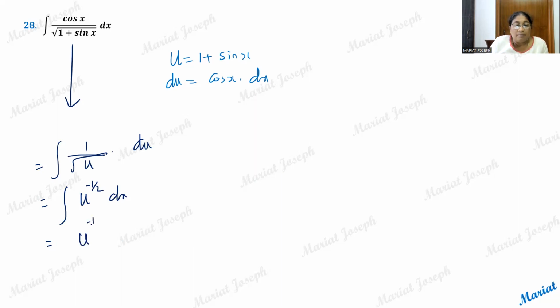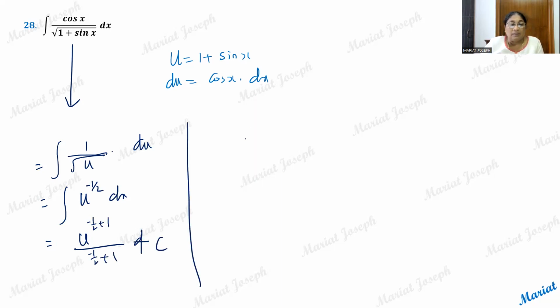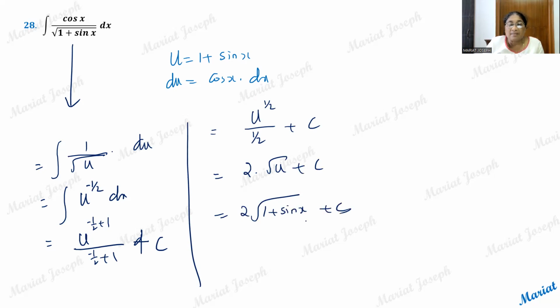U raised to power minus half plus 1 upon minus half plus 1, formula, plus c. And minus half plus 1 is plus half. U raised to half upon half plus c. That is 2 into root u plus c. That is 2 into, what is root u? 1 plus sin x plus c. That's it. This is question 28.